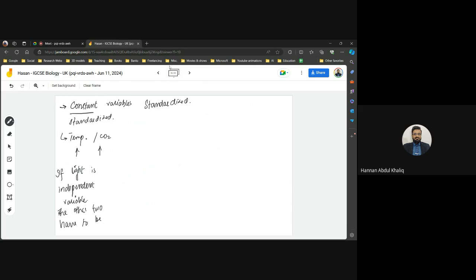Why do you think that is? Why do we need to standardize the temperature and carbon dioxide if the light is independent?